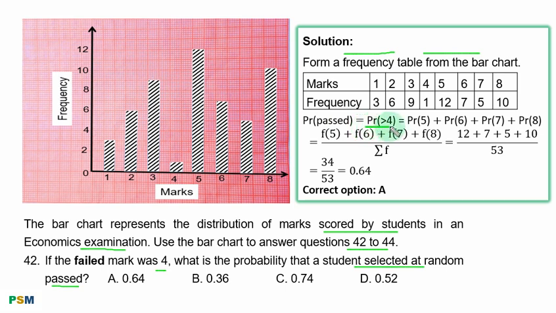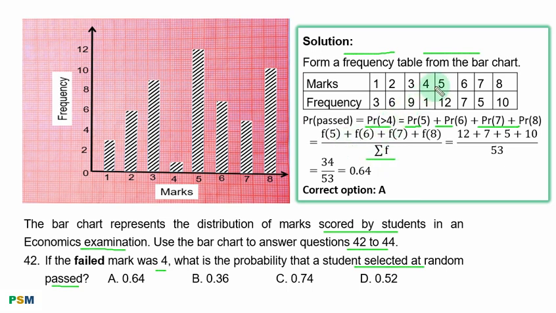That is greater than 4. That is probability 5 plus probability 6, 7, and 8. How many students scored 5? Frequency of 5 plus frequency of 6 plus that of 7 and 8 over total frequencies.